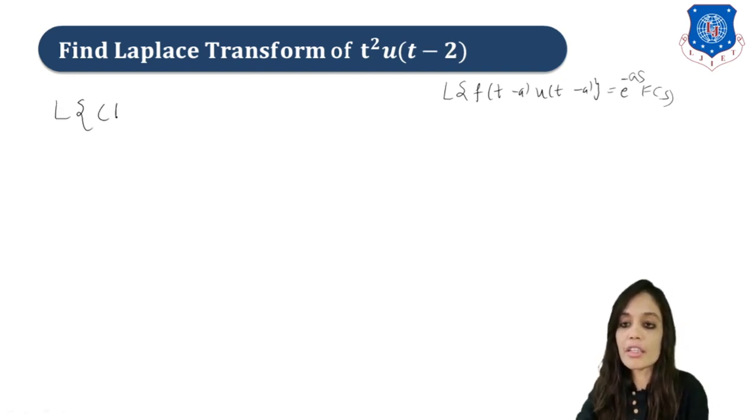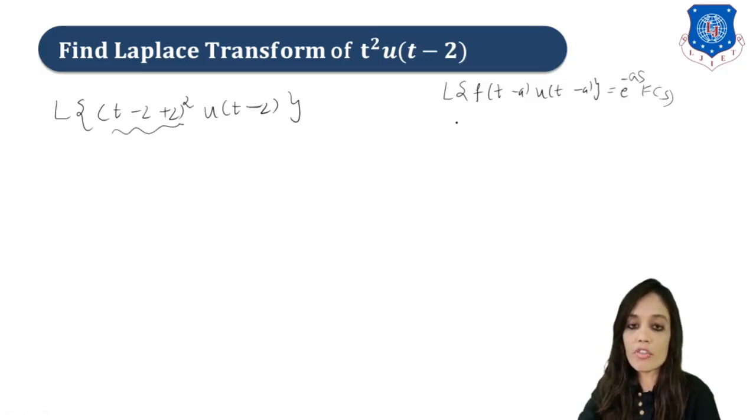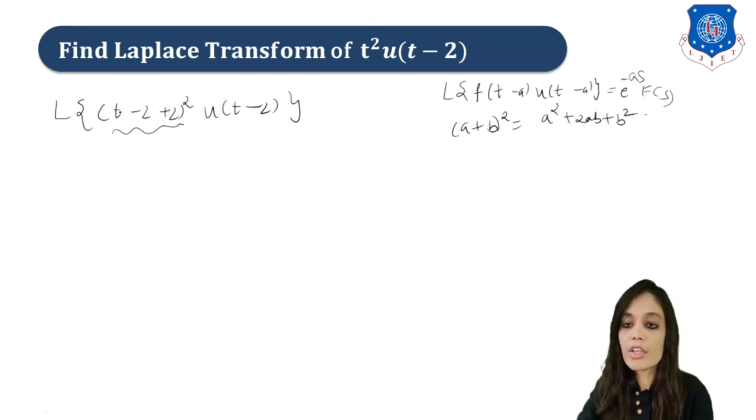So what we will write here, t minus 2 plus 2 whole square into ut minus 2. Now first we need to simplify this using the formula of a plus b whole square, that is a square plus 2ab plus b square, right? So consider t minus 2 as a and this as b and simplify and also apply the linearity property.